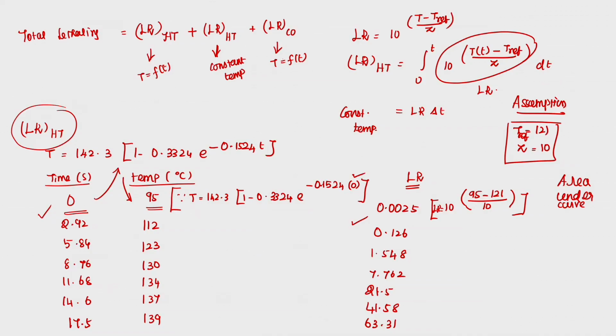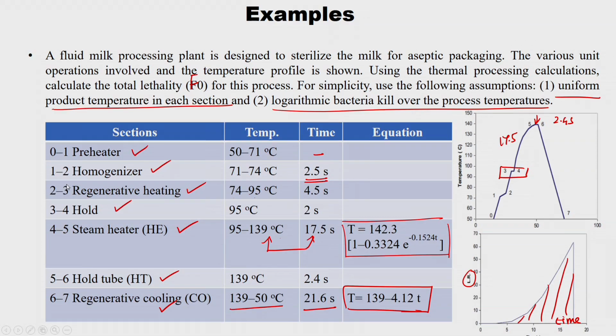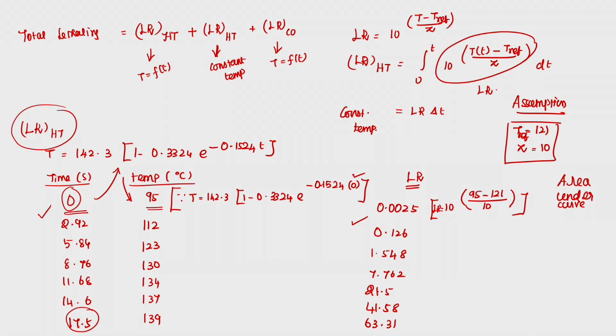This I have calculated: LR into dt from 0 to t, the total time is 17.5, and it starts from 0. If I calculate the lethality rate at each time, I can just draw a curve, then for the area under the curve you just have to count the boxes. Then you will directly get the time requirement for this particular lethality. Or otherwise, if you want to do it numerically, I will tell you what you are supposed to do.